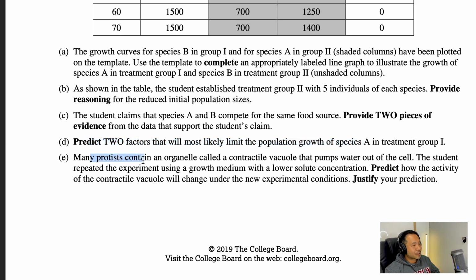And then the last one, this is fun because as soon as I see contractile vacuole, I'm like, okay, this is a throwback to Unit 2 where we talked about membranes and also things like osmosis. Because in osmosis, we saw that water, given that there's an aquaporin or some passage through which it can traverse, is always going to move to an area with lower water potential, which is generally associated with greater solute concentration.